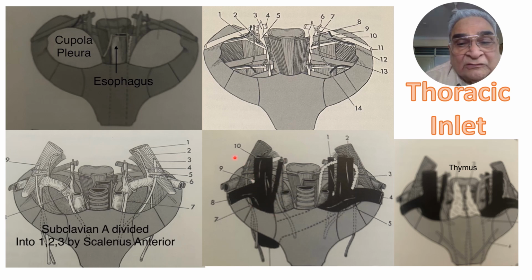Now, something which is very peculiar is that there is a subclavius muscle here, which is supplied by the nerve to subclavius. Now, this nerve to subclavius gives a branch which passes under the subclavian vein and connects the phrenic nerve. This arch of the nerve, which hooks the subclavian vein, is called the accessory phrenic nerve.